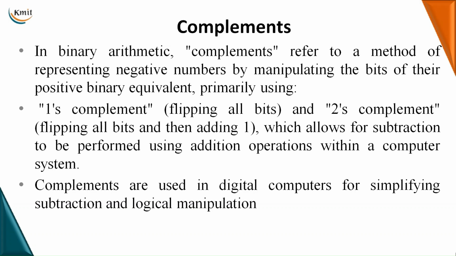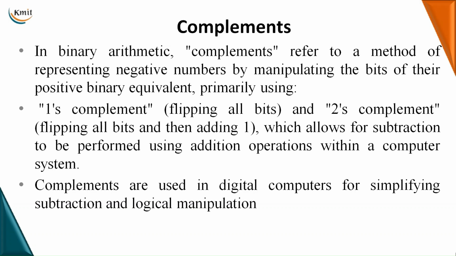We'll stick with ones complement and twos complement, because in the next half of the third unit we are going to discuss binary arithmetic, where we come across different types of flow charts. There we need to implement these ones complement and twos complement operations. With respect to our syllabus, we need to know only about ones and twos complement, so we'll discuss only what ones complement and twos complement are.